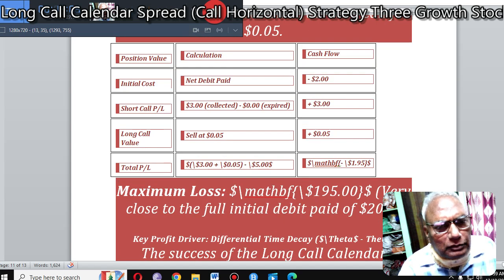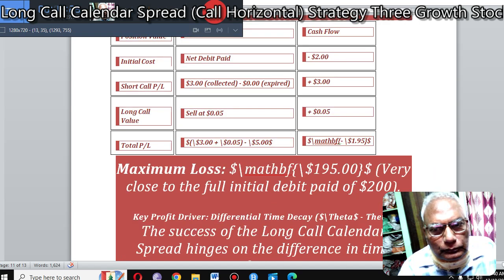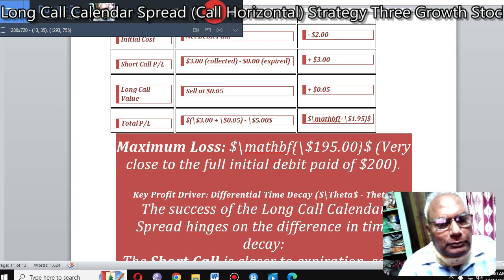Total profit and loss: $3 plus $0.05 minus $5, equals minus $1.95. Maximum loss is $195, very close to the full initial debit paid of $200.